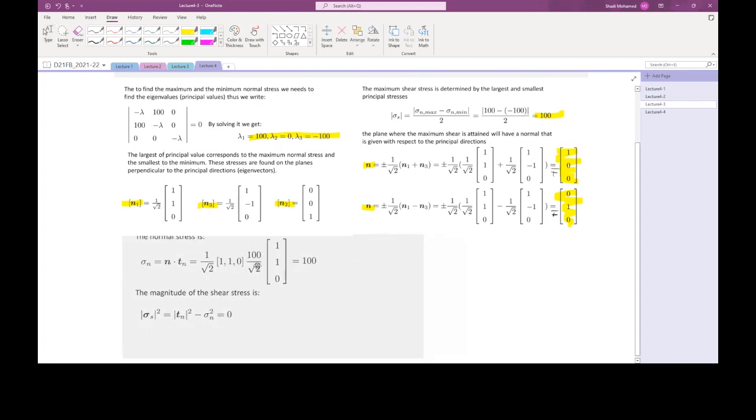All right, so now tell me if you see anything that is worth noting or anything that is interesting about this result.